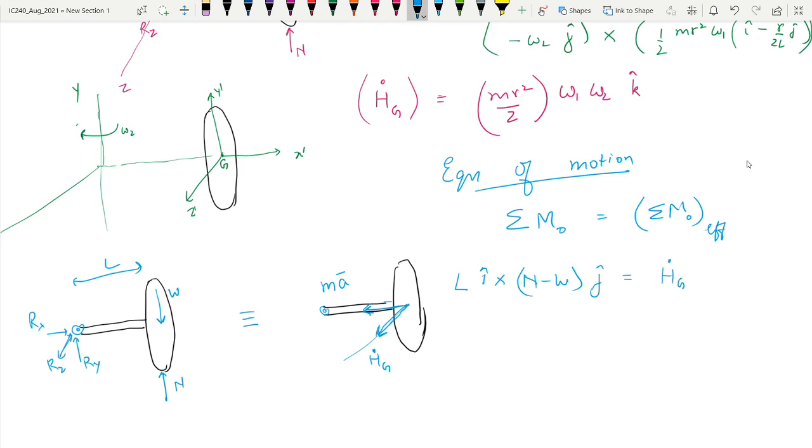And from this equation what we get is, so from here, this i cross j is going to be k, and this is anyway in the k cap direction. So from here you can get your normal reaction, which will be w plus mr square by 2 times omega 1 times omega 2.